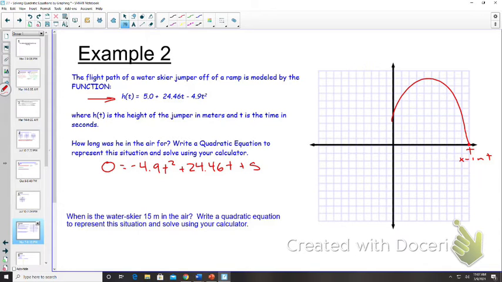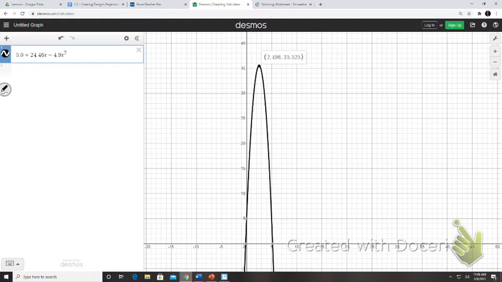Okay, and how long was he in the air for? What did you get? 2.1? Right, 5.1. That sounds better, right? So we jump to our Desmos and look for our x-intercept, which is right here. Why isn't this working for me?